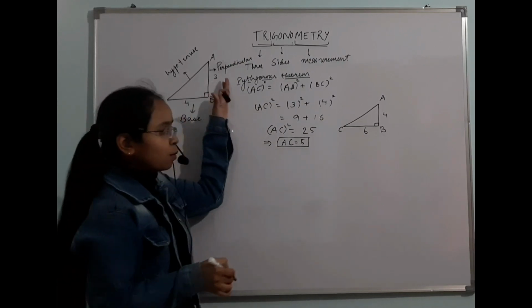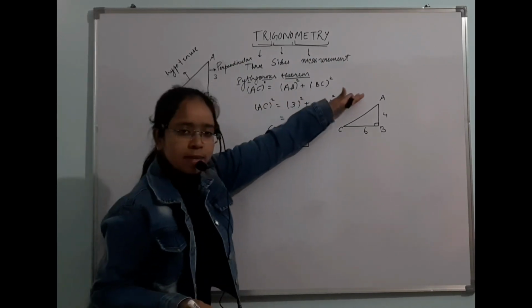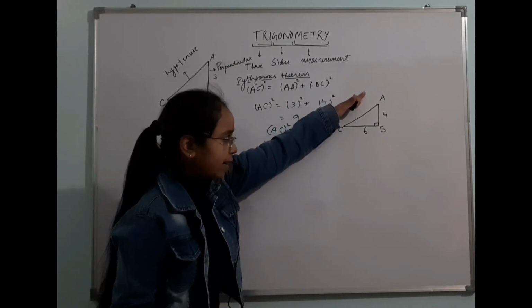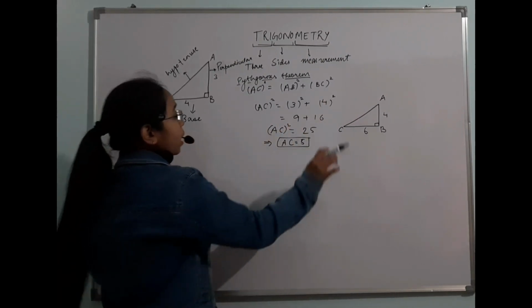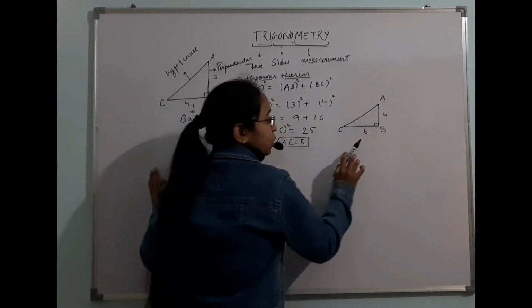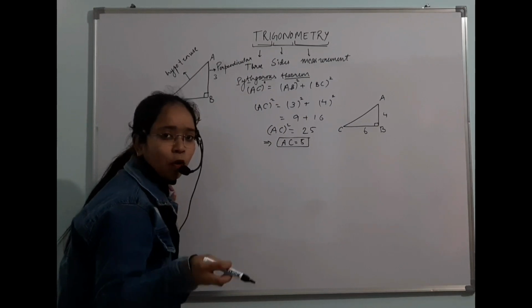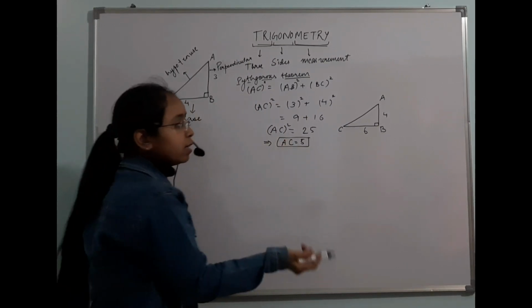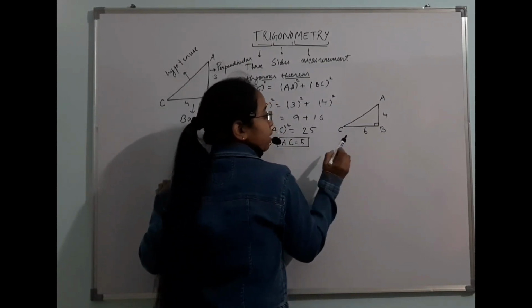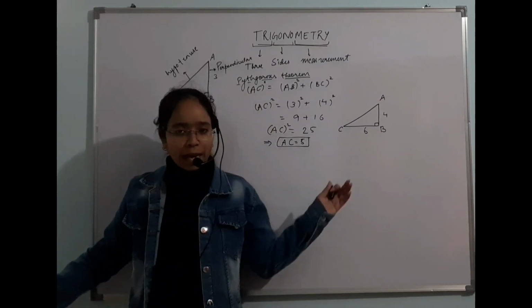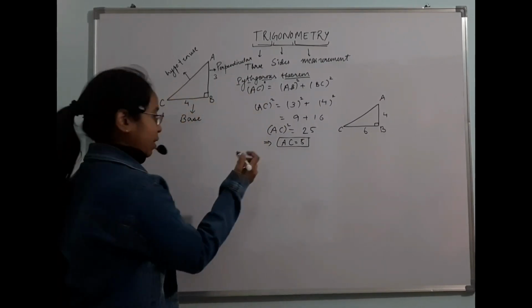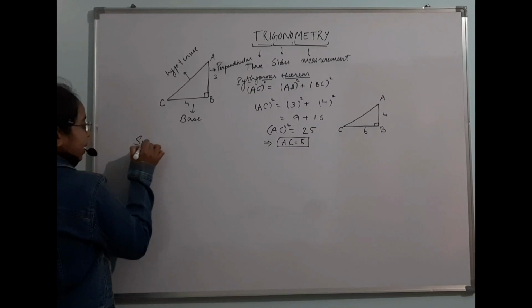So we already know using Pythagoras theorem we can find the missing side of a right angled triangle directly. But to find a trigonometric ratio, that means we have to find the ratio of two sides of a triangle using some trigonometric angle.